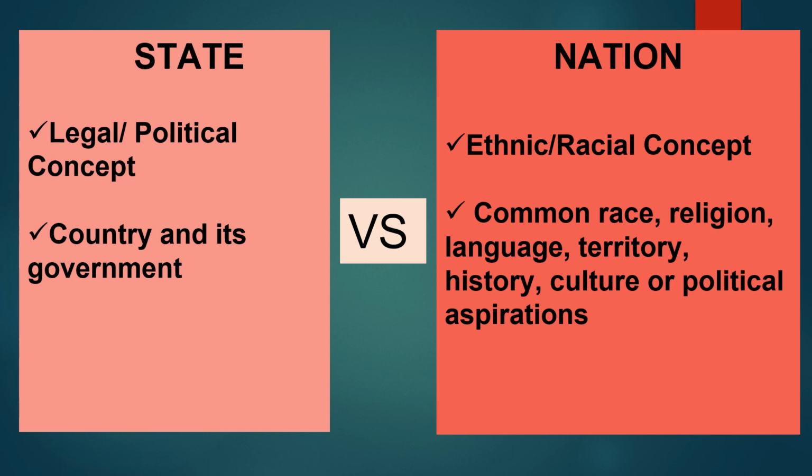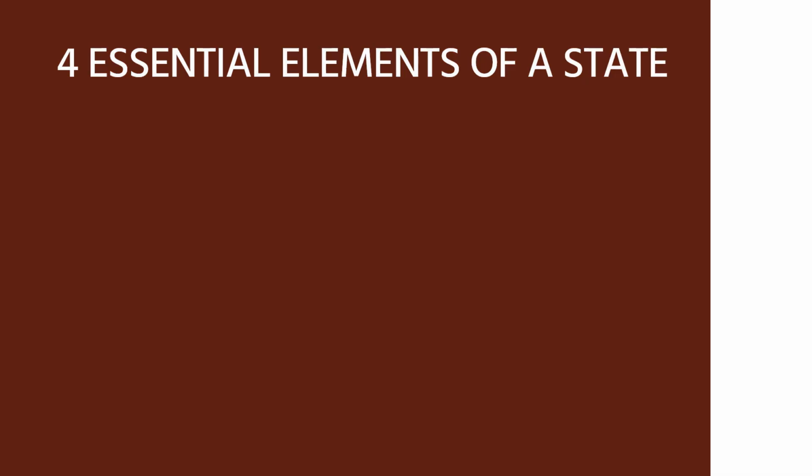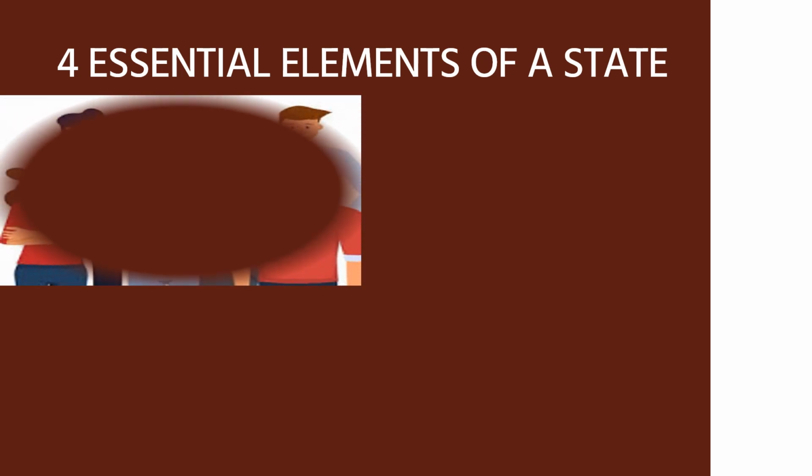Last but not least, a state has four essential elements, while for a nation, the elements are not essential and are ever-changing. Let us elaborate on the four essential elements of a state.